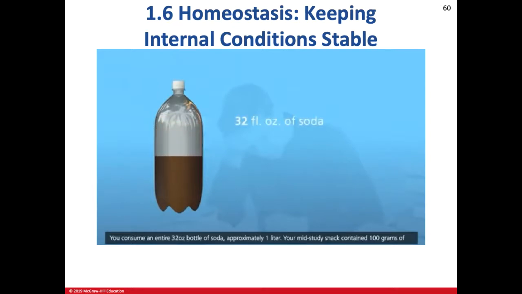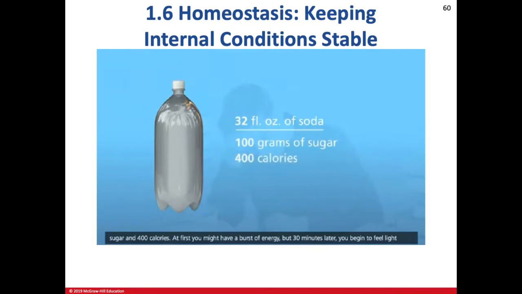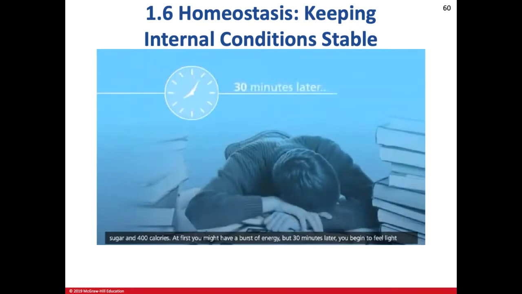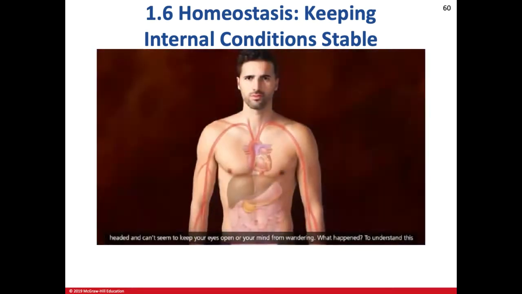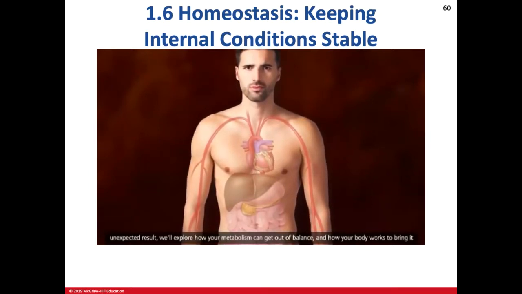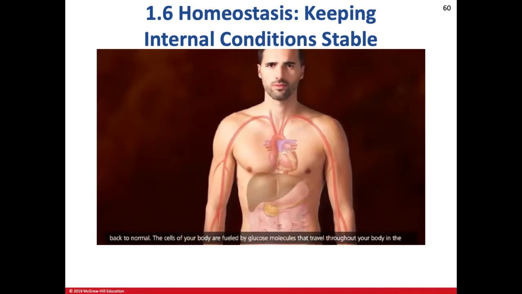You consume an entire 32-ounce bottle of soda, approximately 1 liter. Your mid-study snack contained 100 grams of sugar and 400 calories. At first, you might have a burst of energy, but 30 minutes later, you begin to feel lightheaded and can't seem to keep your eyes open or your mind from wandering. What happened? To understand this unexpected result, we'll explore how your metabolism can get out of balance and how your body works to bring it back to normal.